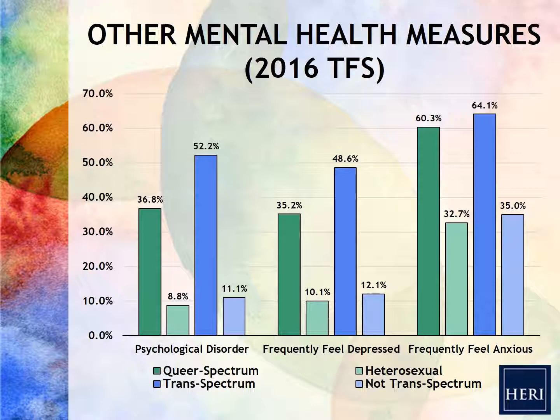In even years, we ask about disabilities and certain illnesses and disorders, and more than half of trans spectrum students say they're coming in with a psychological disorder, compared to 11% of the non-trans spectrum students. For sexual orientation, more than 1/3 are coming in with a psychological disorder. Whether this is diagnosed or not, we don't know. But compared to feeling depressed and feeling anxious, here they're saying, I have a disorder. Next slide, please.